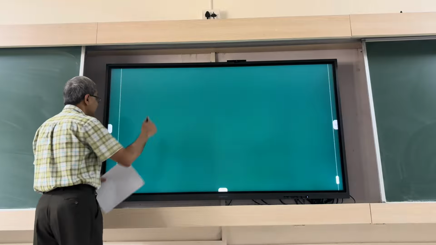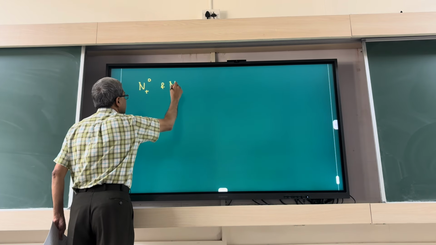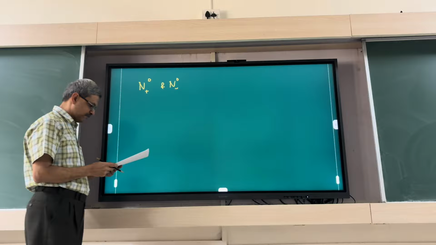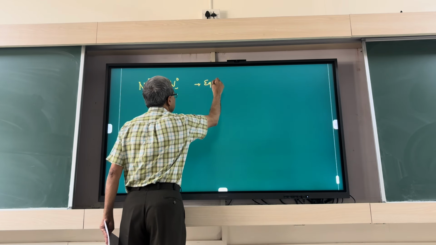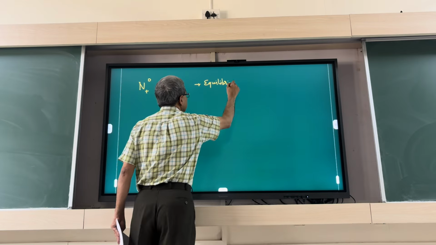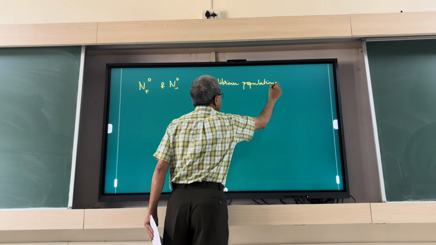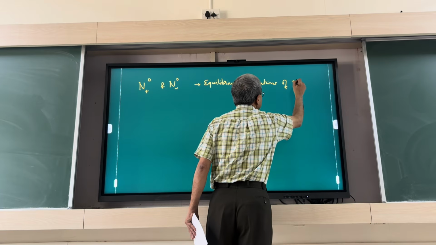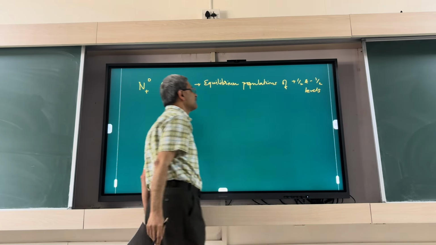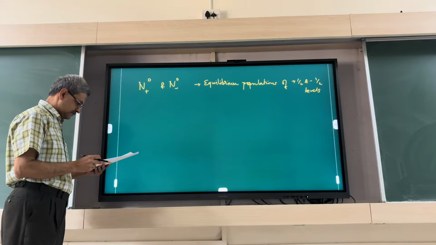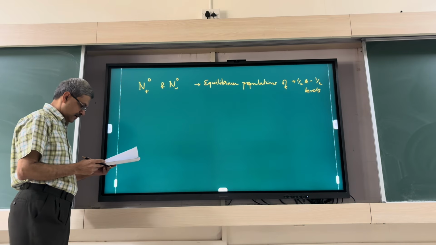So let's say you define N plus 0 and N minus 0 as the equilibrium populations of the plus half and minus half levels.